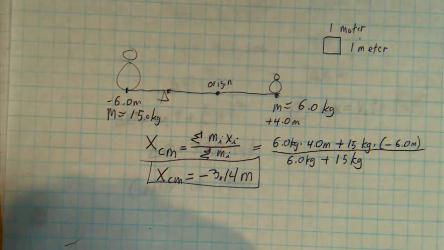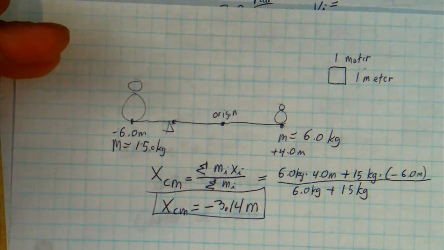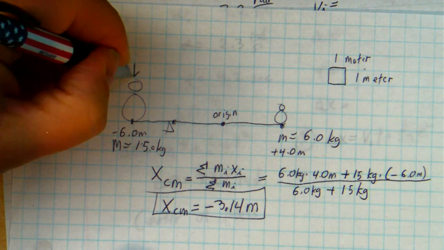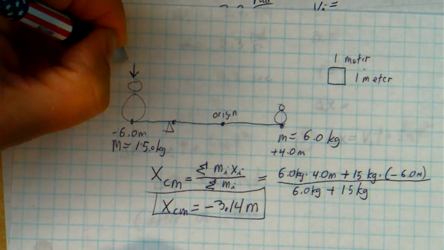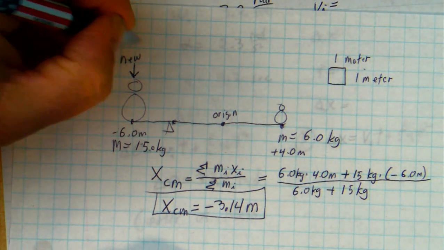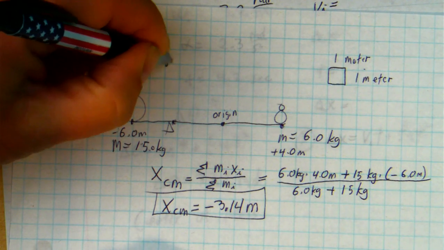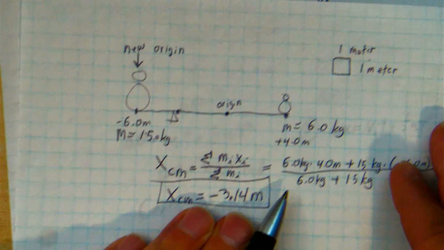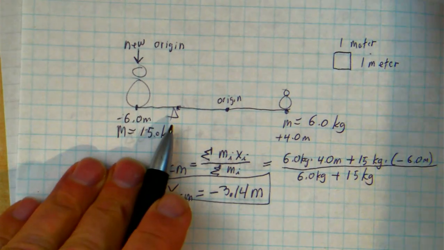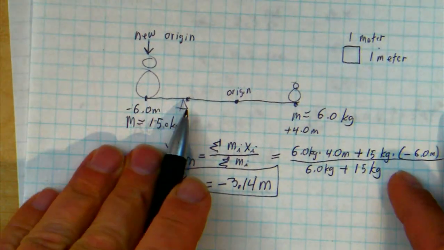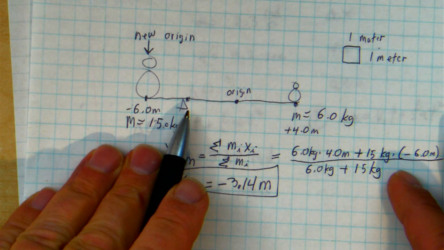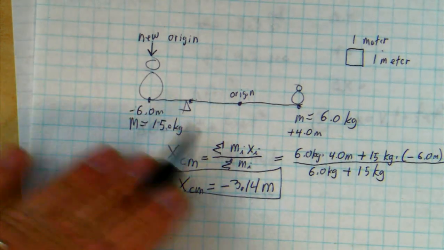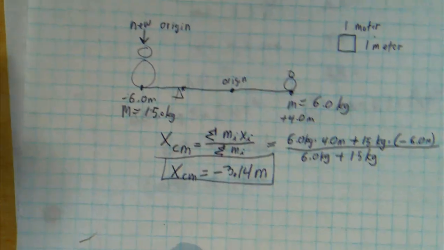What would happen if I changed my origin? Suppose I set my origin to be at the location of the more massive object. That will change the numbers that go in here, but it will not change the physical location of the center of mass. It'll only change where your 0 point is on your scale.